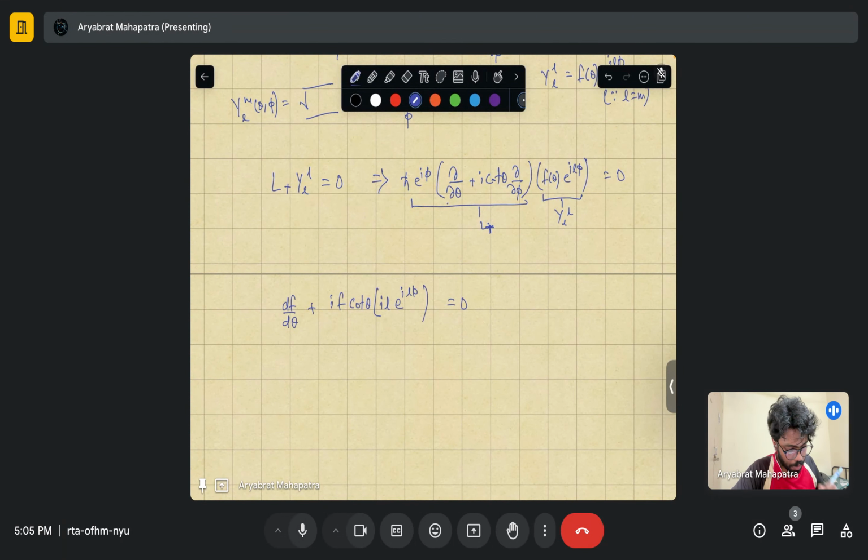From here you can solve this differential equation for f. Basically you have df d theta equal to L cot theta f, or df by f equal to L cot theta d theta.